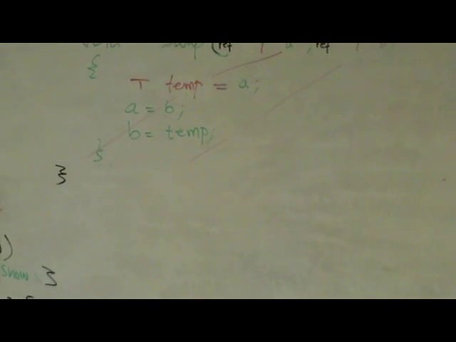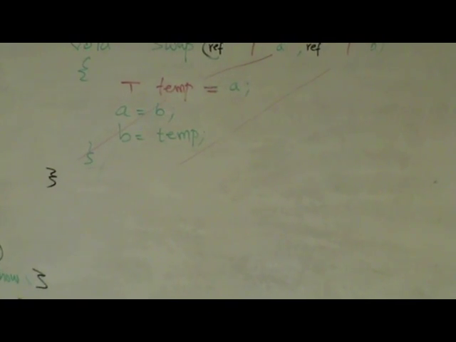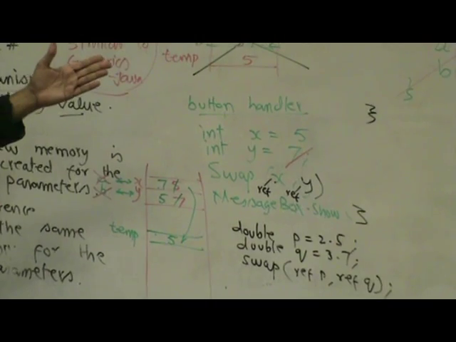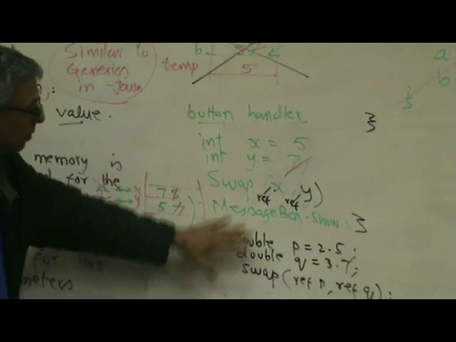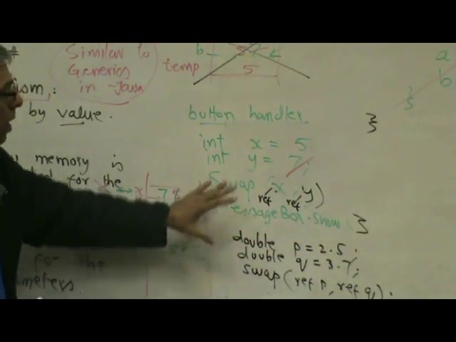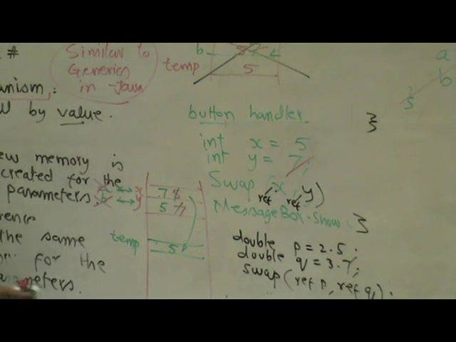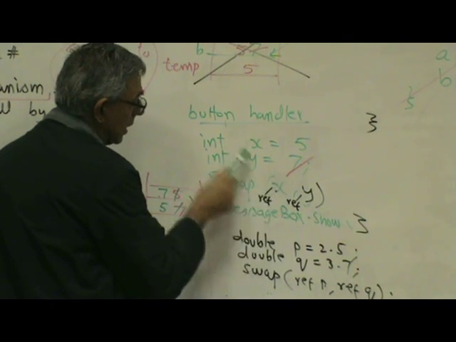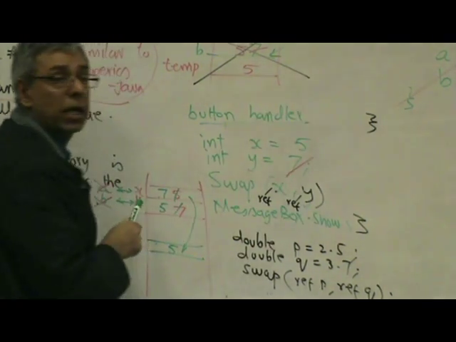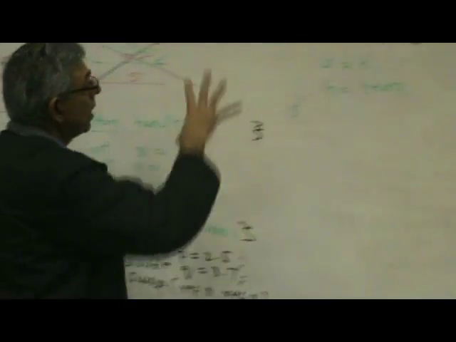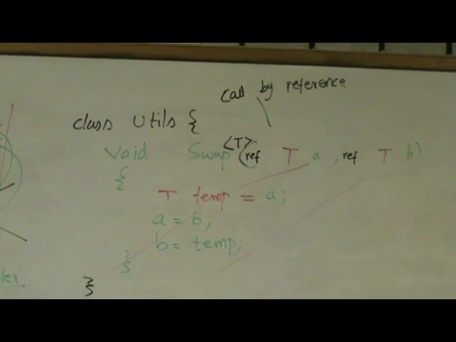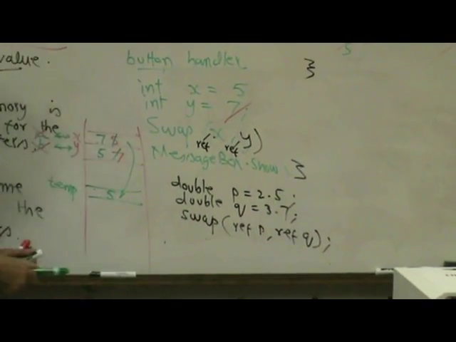Now, does the calling code need to change? For simple methods like this one, you don't have to make any change in the calling code. Automatically, once the compiler comes to this part and recognizes these are ints we are trying to call it with, it will create a copy of this function and replace T with int. A little bit later it recognizes we are trying to call this function with doubles.